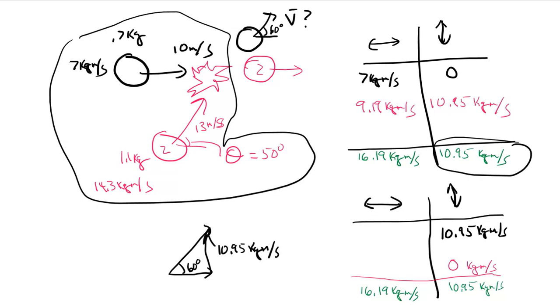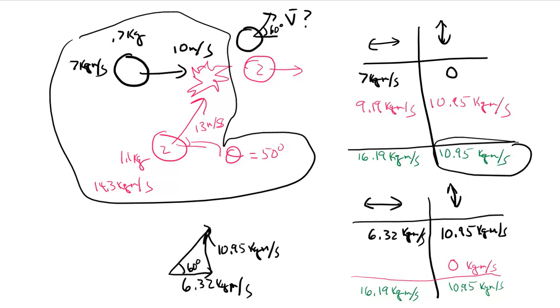So I know the tangent is opposite over adjacent, so divided by the tangent of 60. This side must be 6.32 kilogram meter per second.